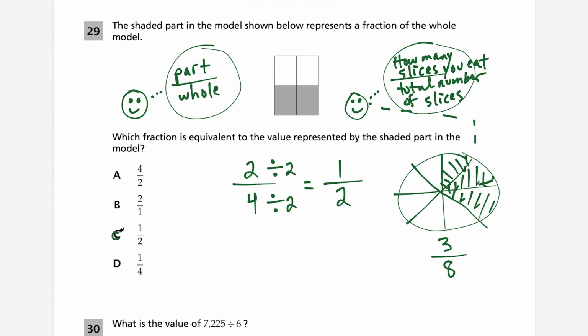So our answer here is going to be choice C, 1/2. You could also get through this question very quickly. You could just look at this and say, oh, half of the total boxes are shaded, so this model represents 1/2. But I just wanted to show the technical way of how to reduce our fractions as well. In either case, we're getting choice C.